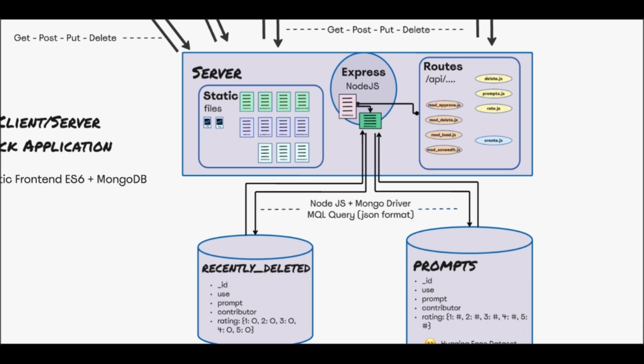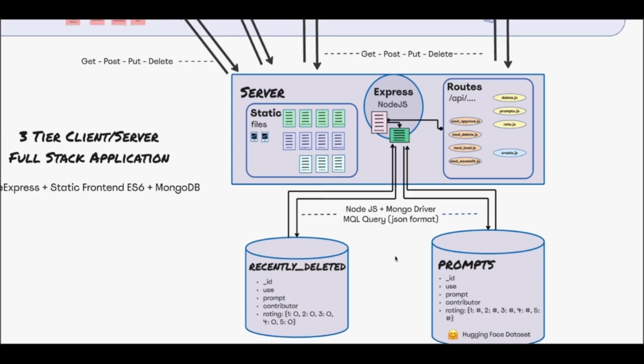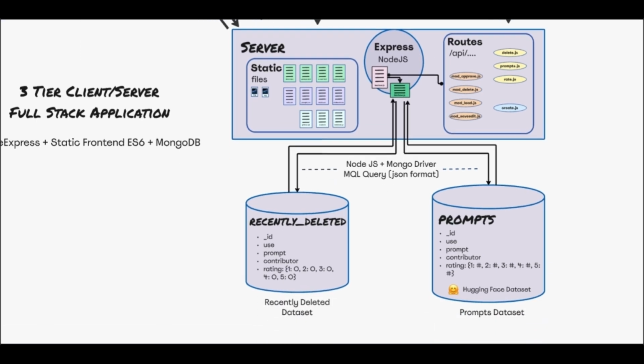The connection between those two uses Node.js and the Mongo driver, and it conducts an MQL query and retrieves the data in JSON format, and that is directed back to the front end based on what has been requested.